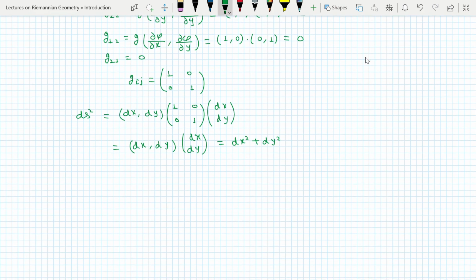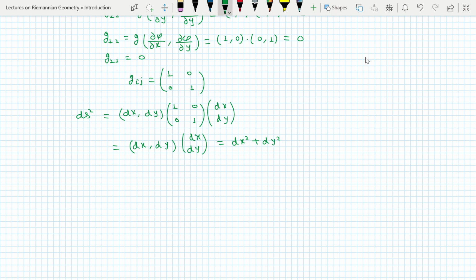Okay. How do you used to find the line element? Well, if you have the curve, so I hope, let me not discuss that. I hope you know that because that used to come from the Pythagoras theorem.